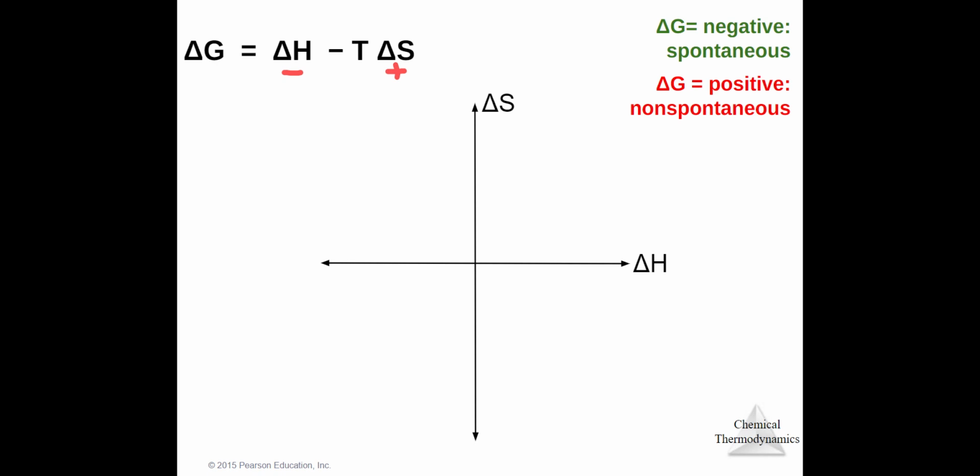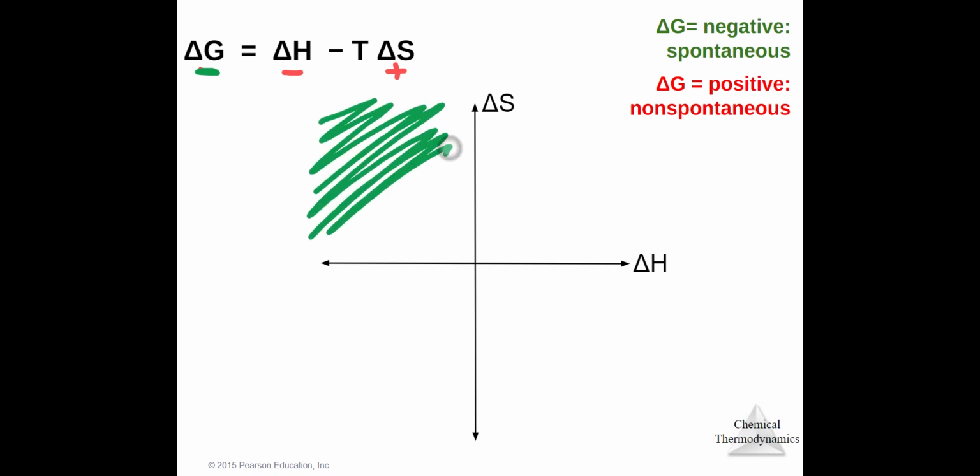If we do this, we are taking a negative number, subtracting a positive number, and that is going to give us a negative delta G. When we have a negative delta G, we know that process is spontaneous. So everything in the quadrant with a negative delta H and a positive delta S is going to be spontaneous.